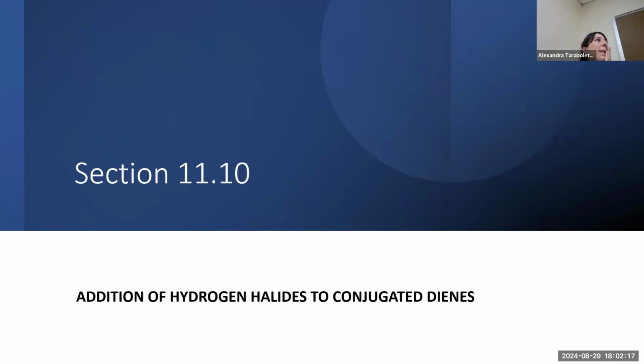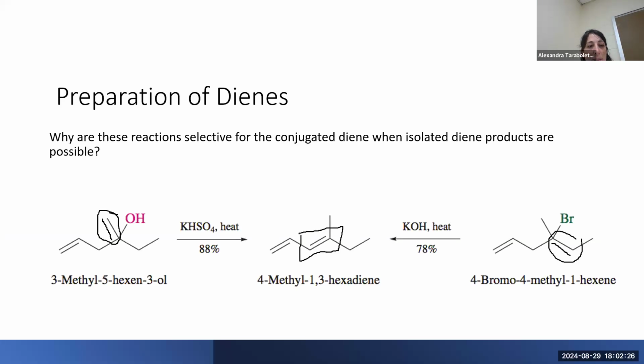The thing about that is, let me go back just really quickly to answer that question a little bit better. So one of these, first of all, is only eliminating through an E2, which does not form a cation. But let's just think about the E1 elimination that does form a cation.